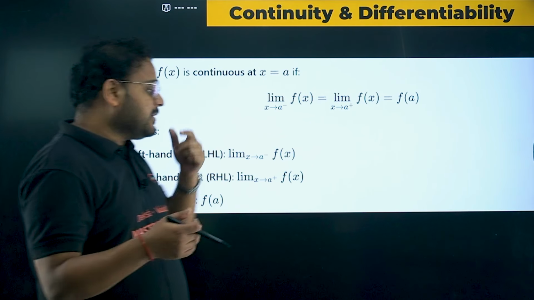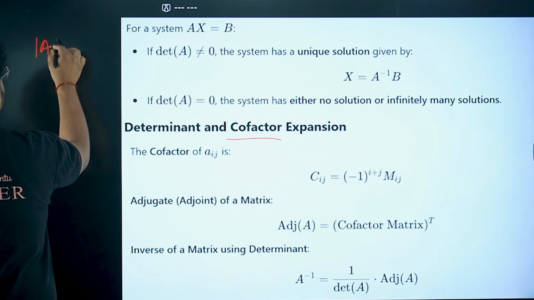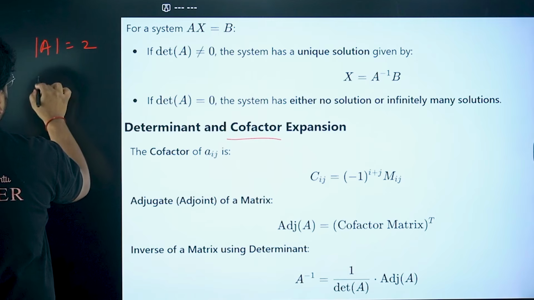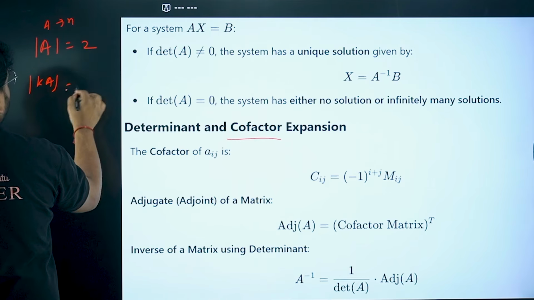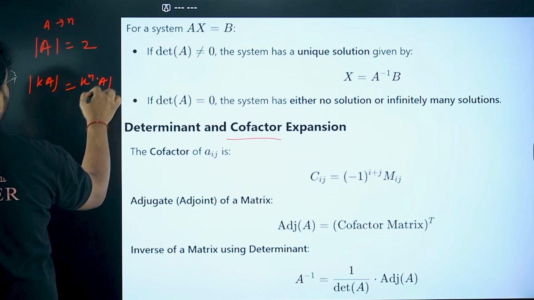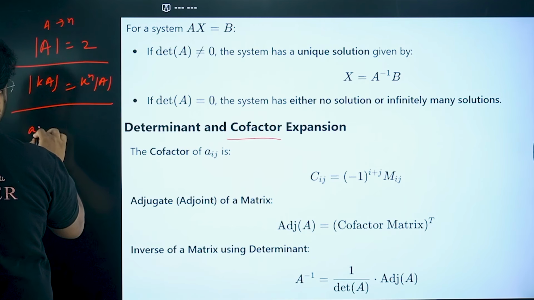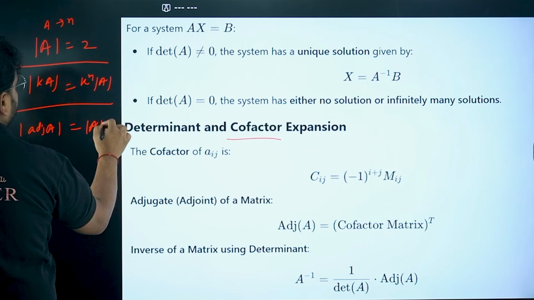So a few more properties are there in determinant, like these ones. If I have Ka, where the determinant of A is of the order n, answer will become K power n determinant of A. And then we have few more. We have adjoint of A determinant. This becomes again n minus 1.